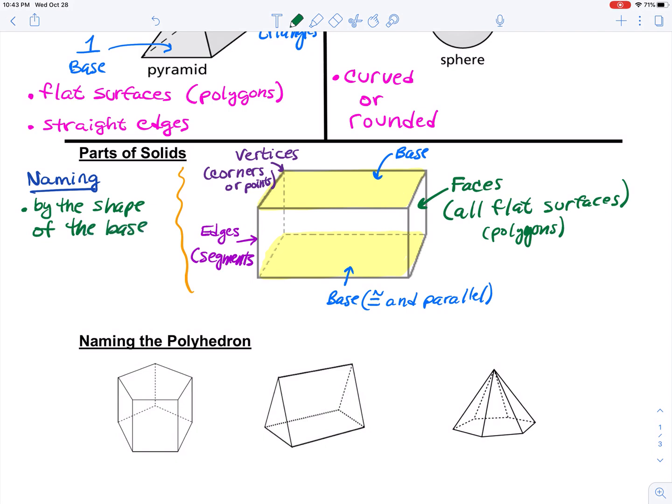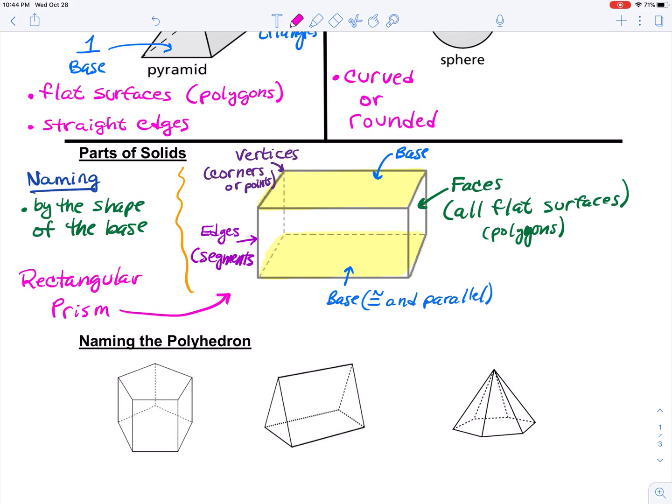So since the base is a rectangle and it happens to be a prism because we have two congruent parallel bases, we call this a rectangular prism. That's how we name our figure.